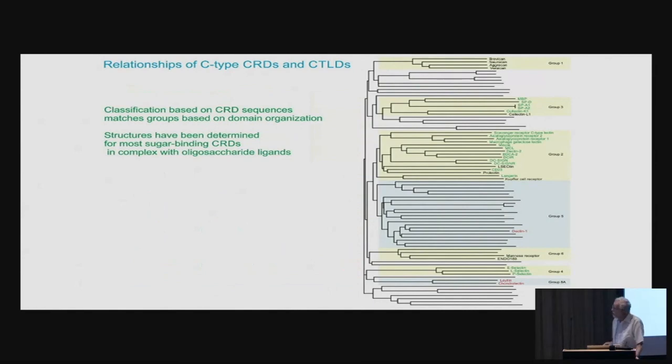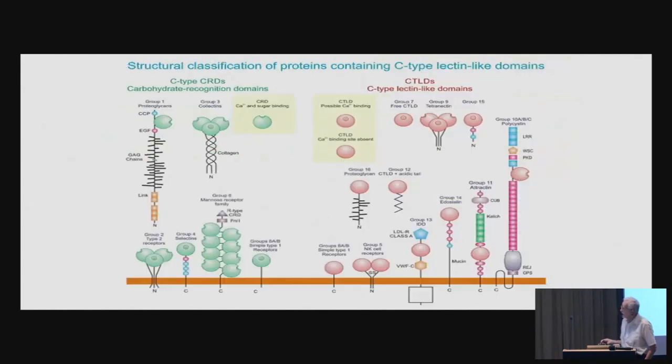So first of all, if we just look at the sequences of the sugar binding domains, the carbohydrate recognition domains, and we classify the proteins based upon those sequences, the classification that we get, where the most related sugar binding domains are, each of these different ones correspond exactly to the different structural groups.